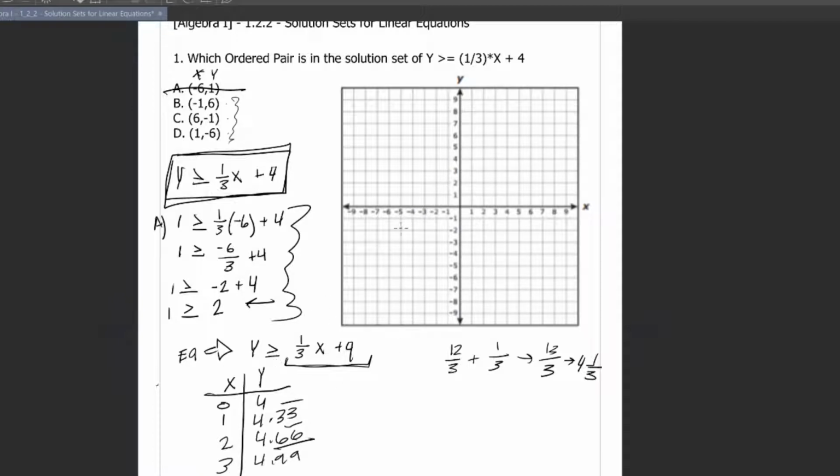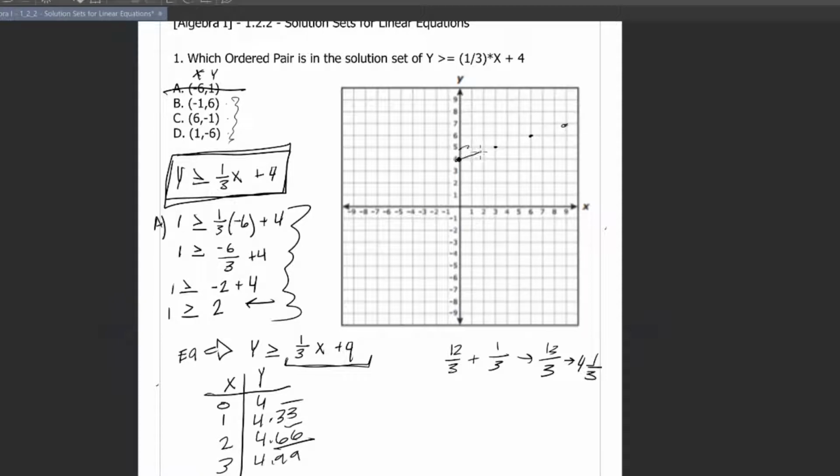If I combine these two approaches, just to save a little bit of time, we have plus 4, 4.33, and 3 is about 5. 6 is going to be about 6, and this one is going to be about 7.